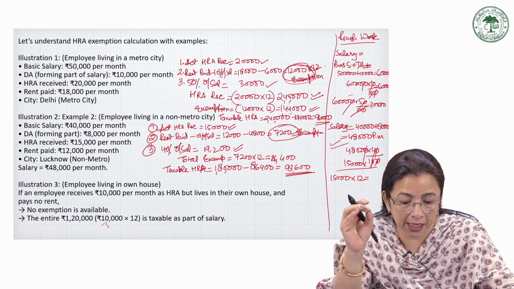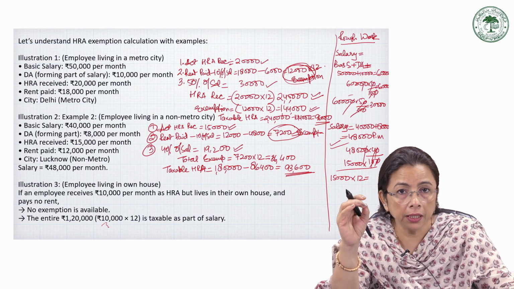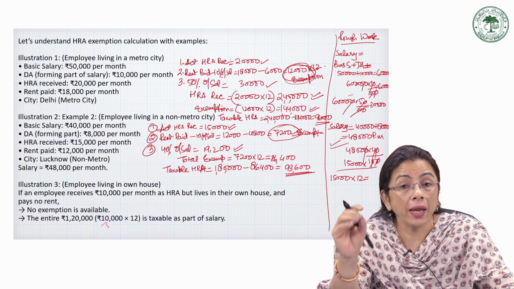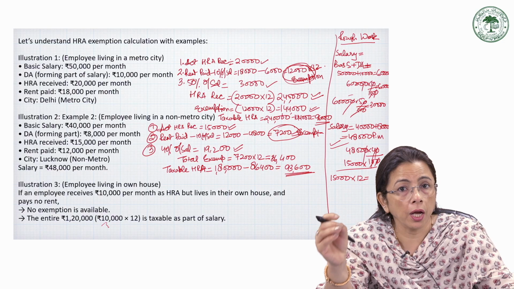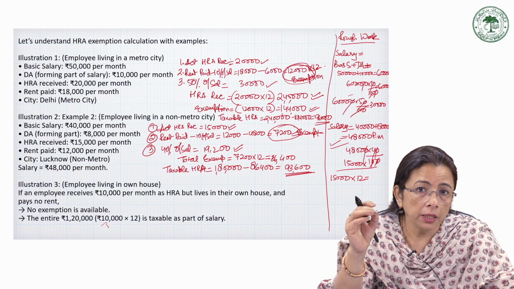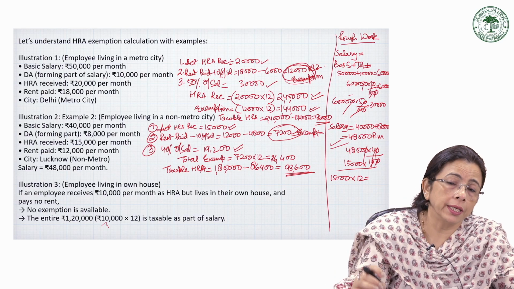There is no exemption in this case, since he is not paying any rent, he is living in his own house, and therefore whatever HRA he is receiving he will have to pay taxes on it. So it is fully taxable.